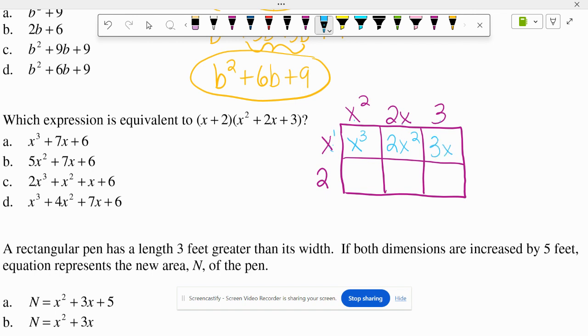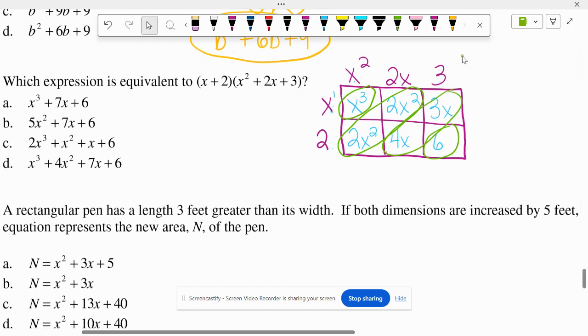Kimber, next row, 2 times x squared is, and 2 times 2x is, and 2 times 3 is. Justice, do you feel like you can finish it out for us by combining the like terms? Give me a final answer. My first bubble is what? All by itself.